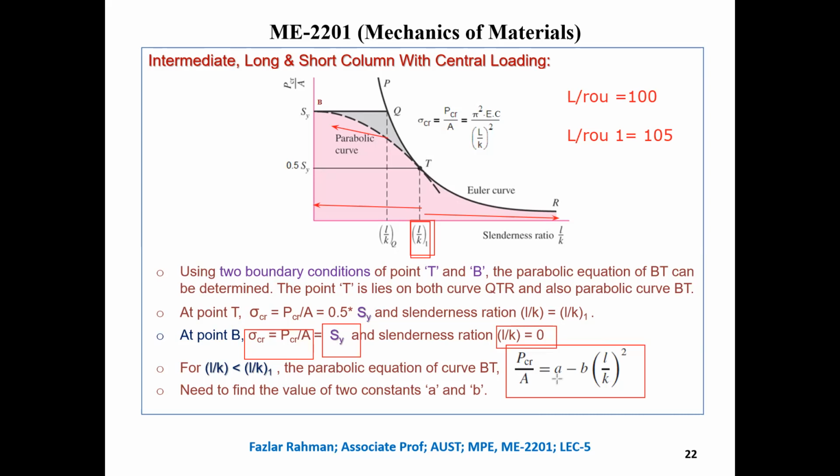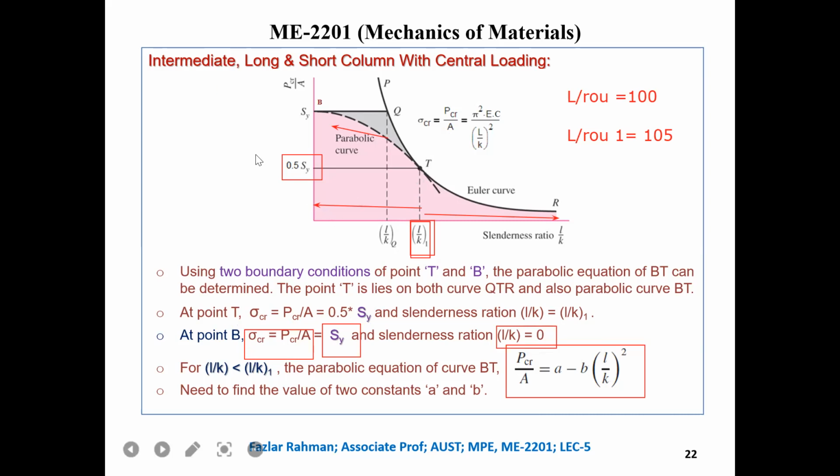So you get value of A, and your value of A is SY. So you got one constant. Now you need to figure out constant B. What is the constant B? Sigma critical equal to 0.5 SY right over here, and L by K equal to L by K1. So these two boundary conditions we use.